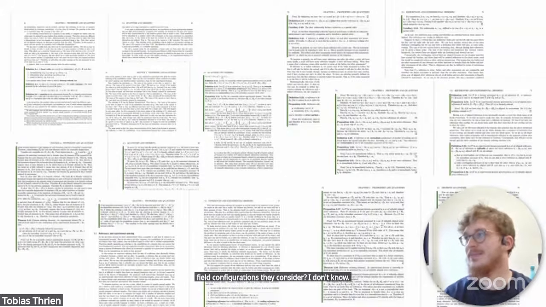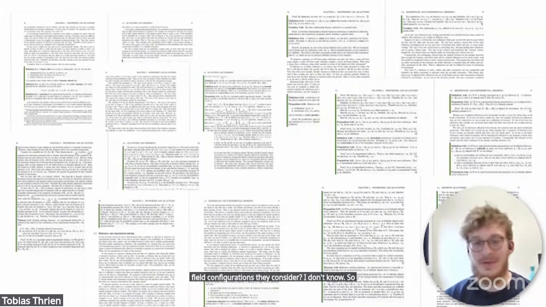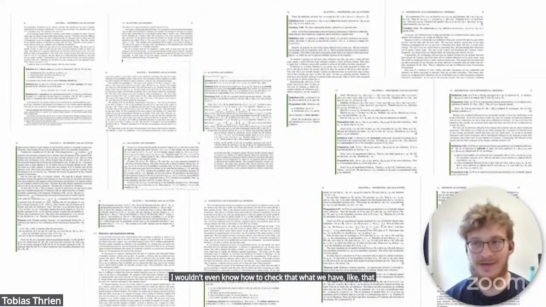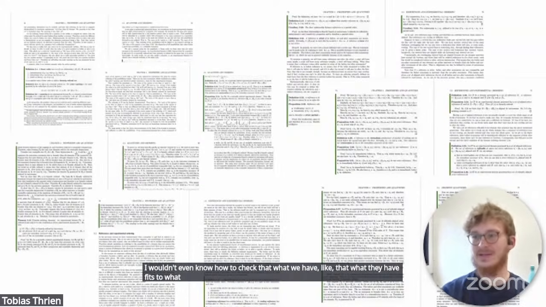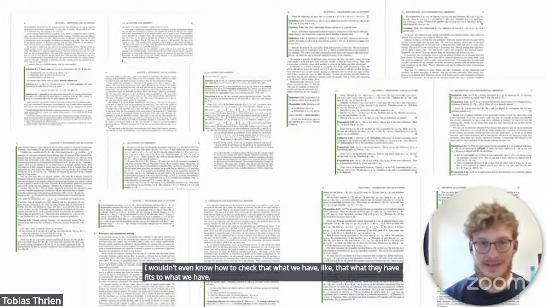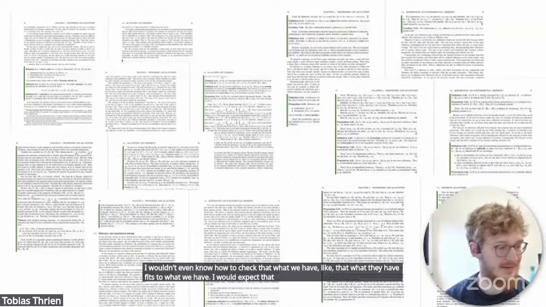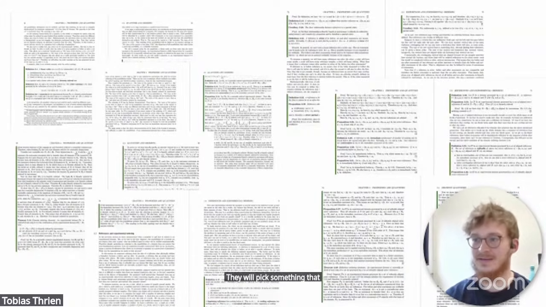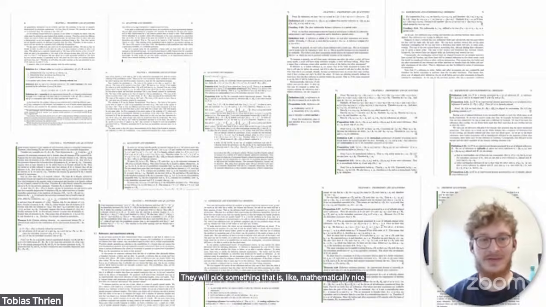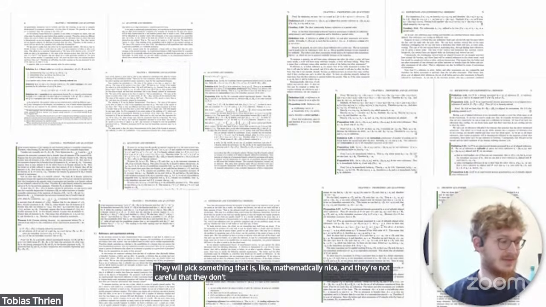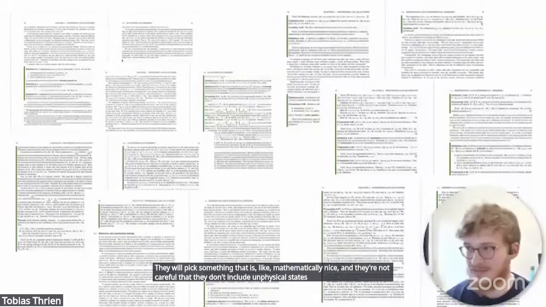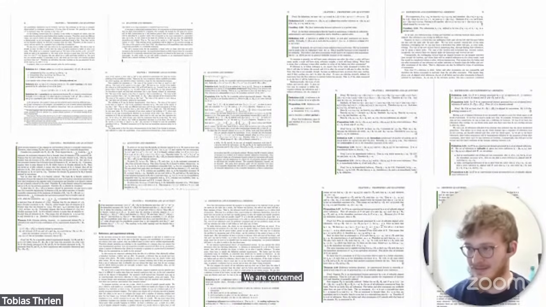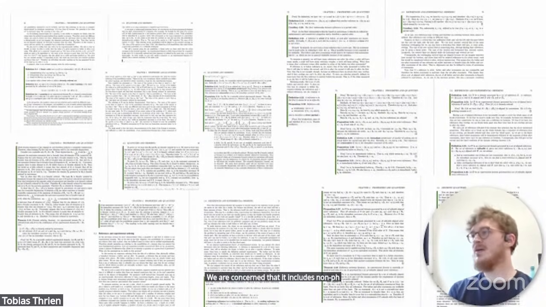So I wouldn't even know how to check that what they have fits what we have. I would expect that they pick something that is mathematically nice, and they're not careful to exclude unphysical states. In fact, even for classical mechanics, we are concerned that it includes non-physical states.